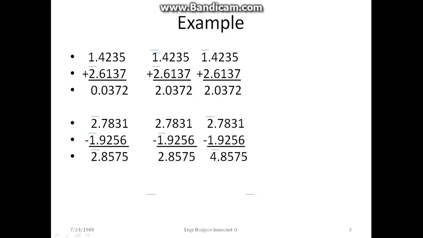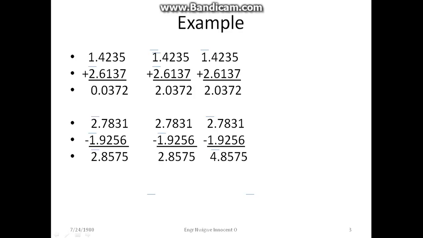Now, we are having also bar 2.7831 minus bar 1.9256. Then you know that 1 cannot minus 6. Then borrow 1 from 3 and add it to 1 to become 11. 11 minus 6 is 5. Therefore, 3 will be left with 2. 2 cannot subtract 5.